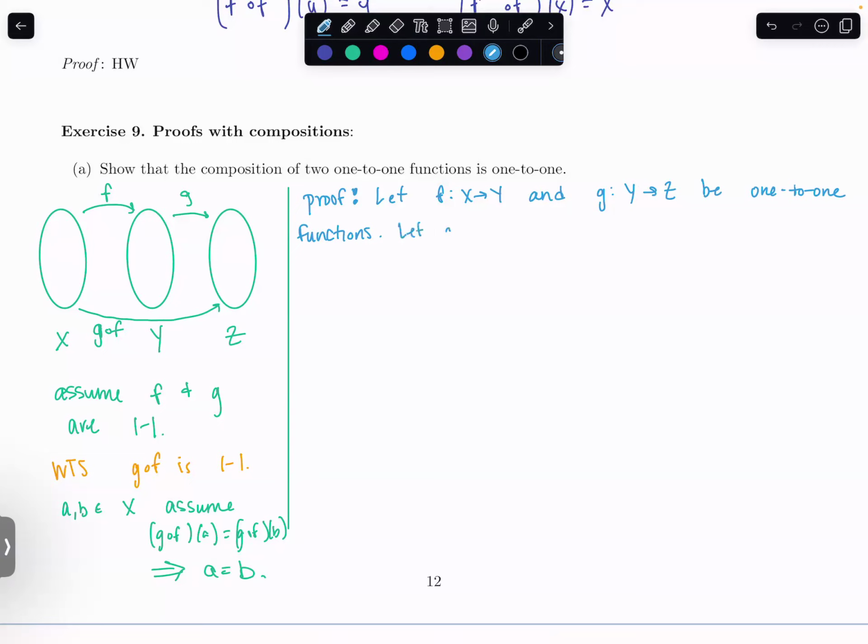So we're going to let a and b be elements in x and assume that g of f of a equals g of f of b.